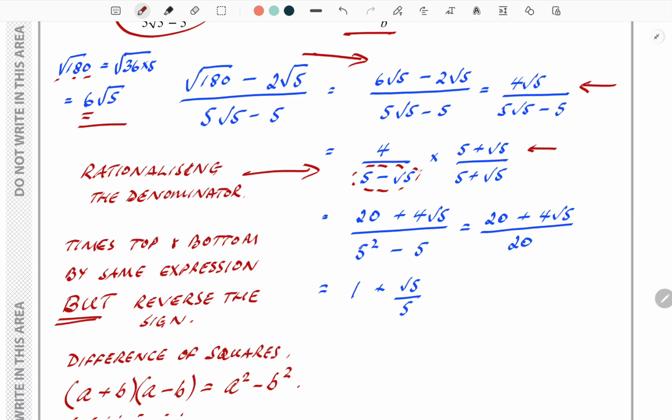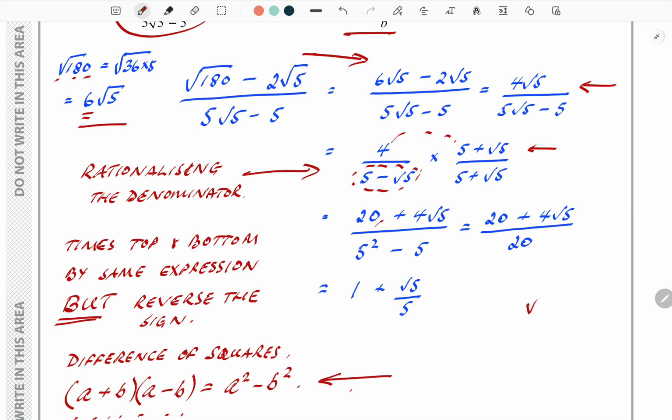And I'm not going to labor the point. I think most of you can multiply across. 4 times 5, 20. 4 times root 5 is just 4 root 5. Underneath it, using the difference of squares rule here, I've got effectively a squared minus b squared. And so 5 squared is fine.